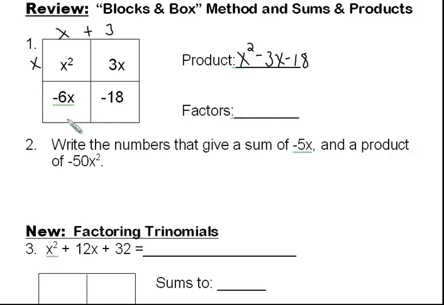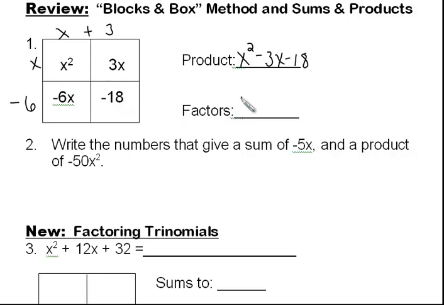For this box to have an area of negative 6x, we know that this dimension is x, so this dimension must be negative 6. And negative 6 times x is negative 6x. Then negative 6 times 3 is negative 18, and so we check out in that last box.